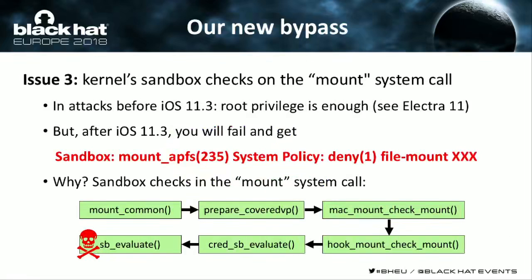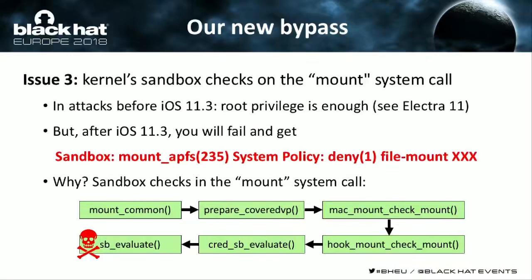Thirdly, what privilege should we use in the remount procedure? In attacks before iOS 11.3, root privilege is enough. But after 11.3, if we use root privilege, we will get an error like this.